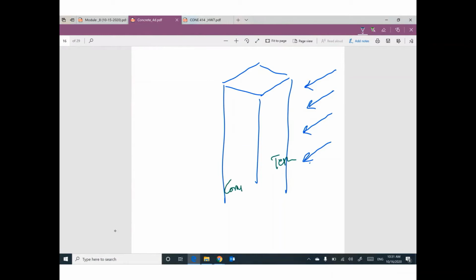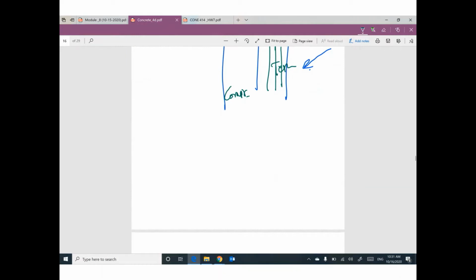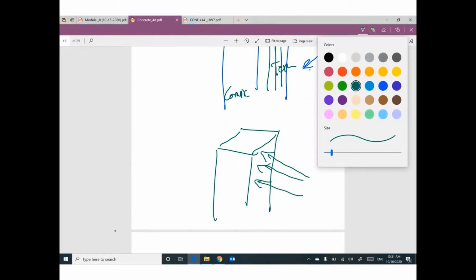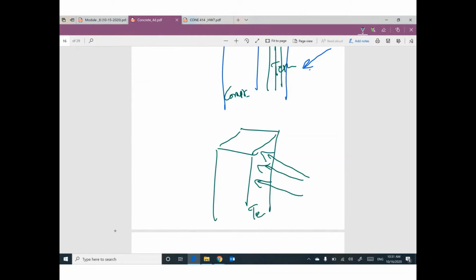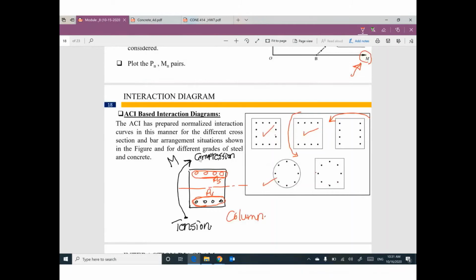So steel reinforcement here will be required. Probably in a third case, your wind load comes from this direction, so probably tension on this side, compression on the other side. So I think the perfect distribution for reinforcement in a column under the effect of moment is probably this one or this one.